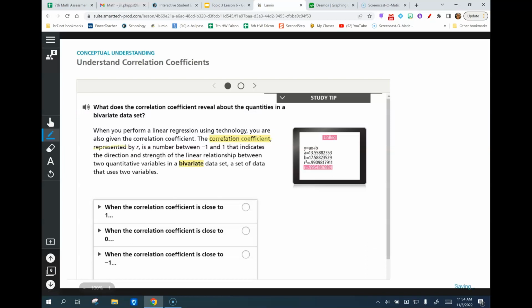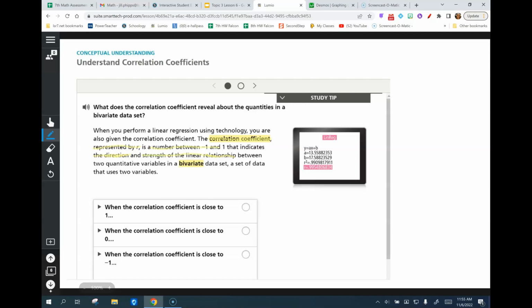Well, first off, it's represented by R, and it is a number between -1 and 1 that indicates the direction and strength of the linear relationship. Okay, you can just stop at linear relationship. So write that down. Correlation coefficient, represented by R, is a number between -1 and 1 that indicates the direction and strength of a linear relationship.